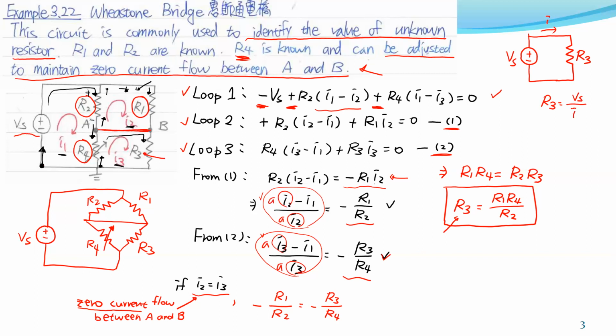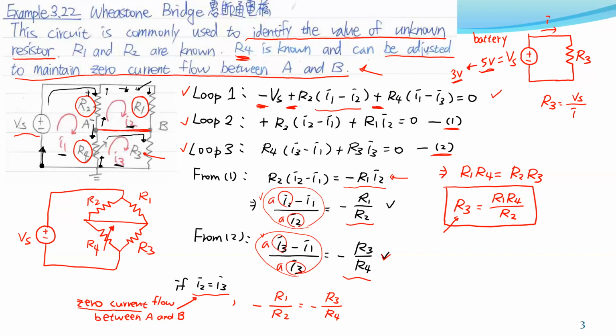Okay, however, if Vs is a battery, maybe it's 10 volts, 5 volts. How about 5 volts? But when we use a battery for a long time, it starts reducing its voltage. So after we use this battery for a long time, the voltage of this battery may drop to 3 volts.